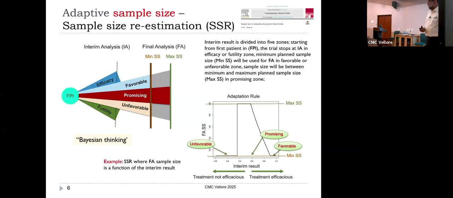You can put a table if you want to, but you have already put it in the protocol that whatever the event rate is here, if I get the interim overall rate of 8%, I will assume that it is 6 and 9.